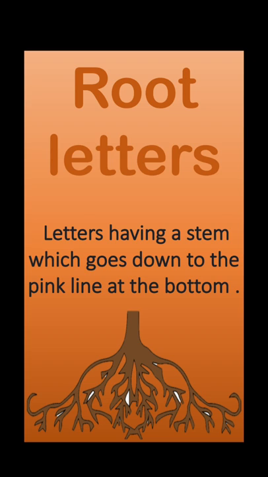What does it mean? Earlier 3, as I have shown you these lines, that sky line, grass line and root line, right? So what was the sky letter? The letter which can touch the sky line, which can come in the first 3 lines. So these are the sky letters, and the letters which can come in middle 2 lines, these are grass letters, alright.